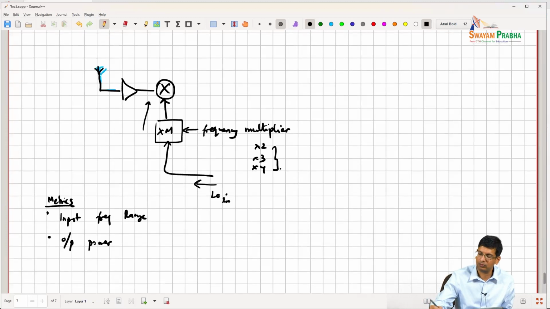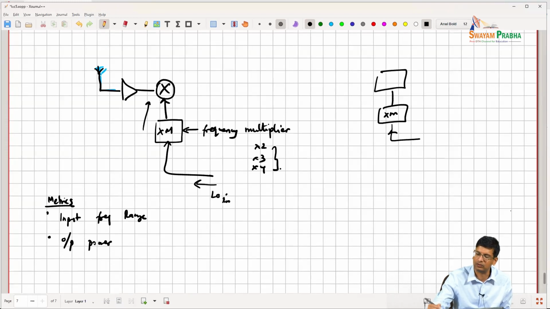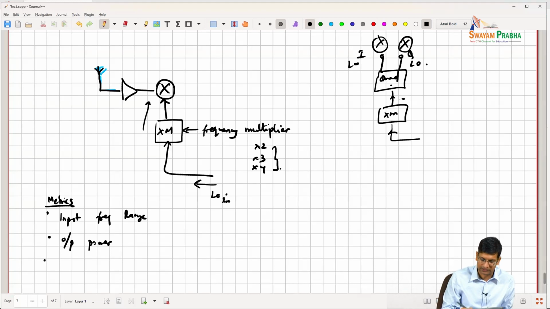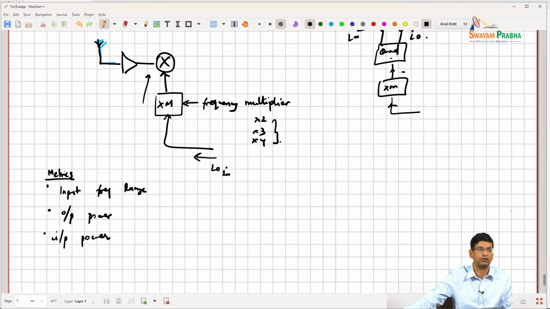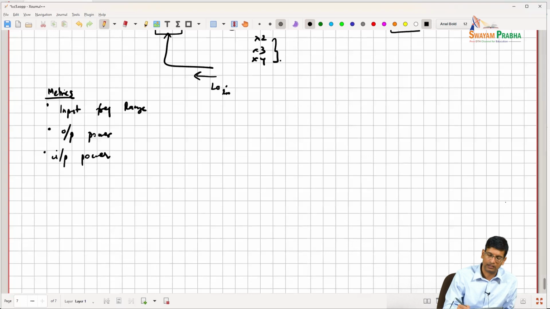Typically, you might also have a situation where the doubler goes to a quadrature block, and so you now have IQ of your LO, right? So that you can do quadrature mixing. Given that this is a passive split, and you still want to be able to drive mixers, you need to make sure that the output power of the doubler is enough. I'd like to minimize the input power that is required in order to achieve this.